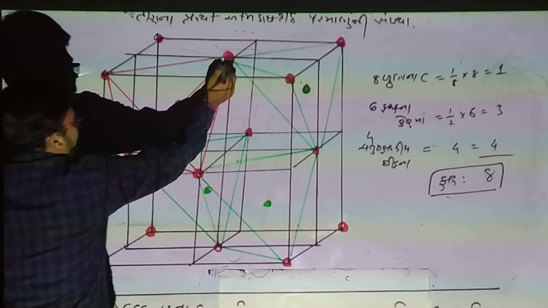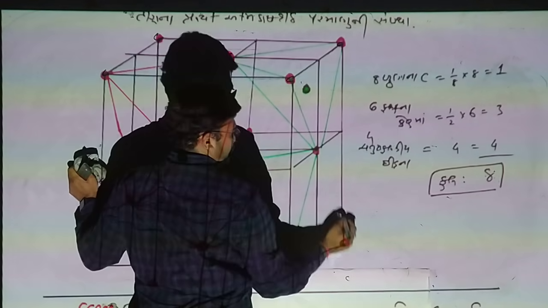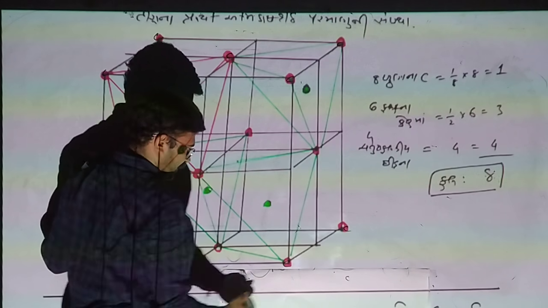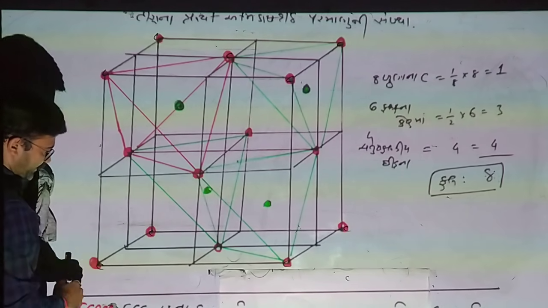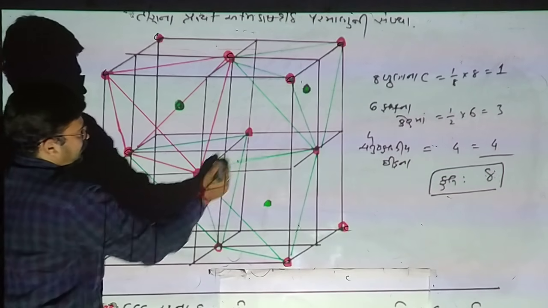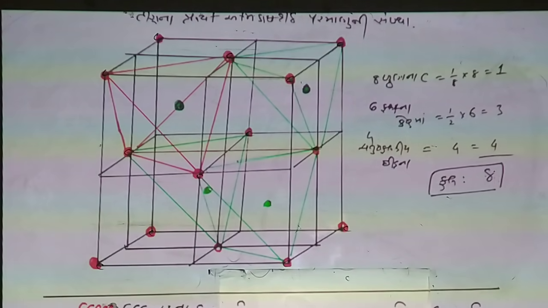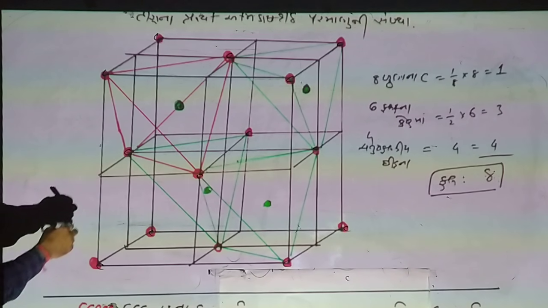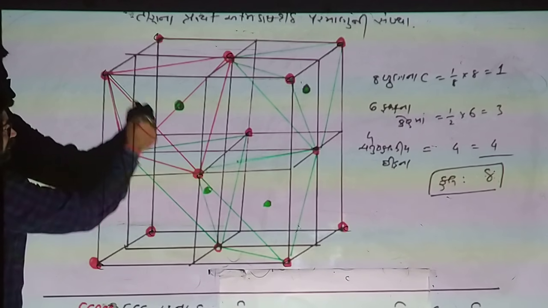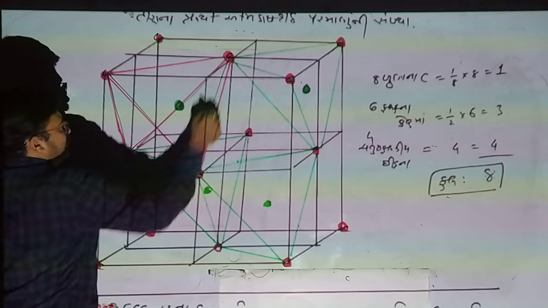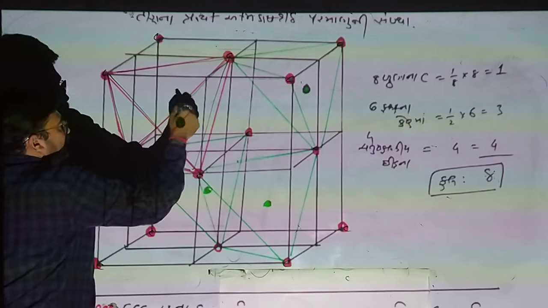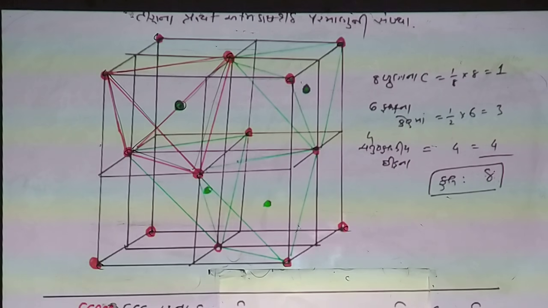Red spheres you can see are at the corners of the cube, and another 6 are right on the face center. Now every 4 carbons, when we join them, 1, 2, 3 and 4, make a tetrahedral void. There is 1 carbon present.